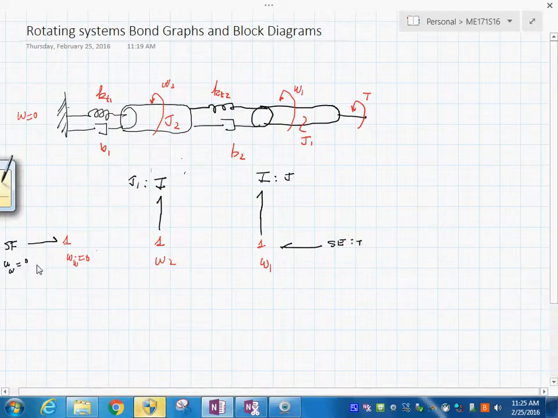Step number 3 is to use 0 junctions to represent the velocity differences.